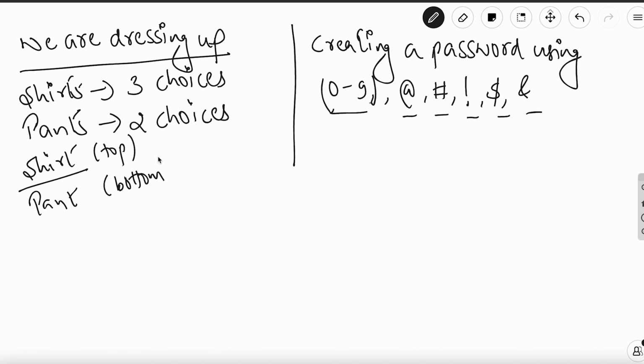Here both are happening together. It's not that we wear either a shirt or a pant. We cannot say, I've worn the shirt and I'm dressed up. No, where's the bottom? And we can't say we have put on the pants and didn't put on a shirt. So in this case, shirt and pant, both of them are needed.